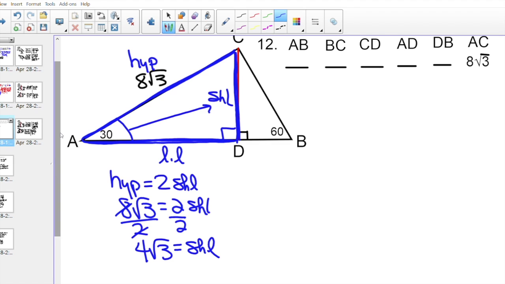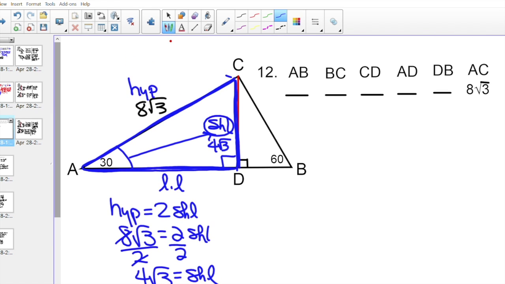Now that means this side over here with the word shorter leg would be 4 on the square root of 3. Now, if you look at the chart, from C to D, CD on the chart is 4 on the square root of 3.